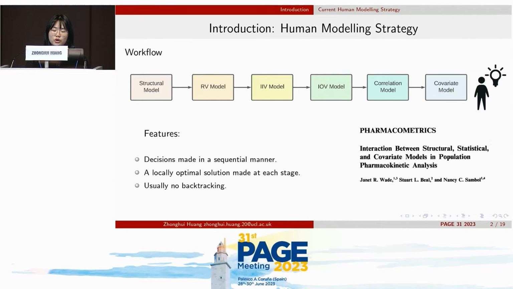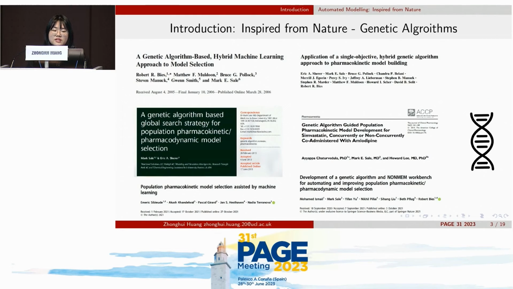But years ago, Jonathan Wade told us that different model components are actually interrelated. This made me realize that maybe this stepwise strategy might not be optimal. Efforts have been made to look at different modeling strategies, for example, the genetic algorithm.